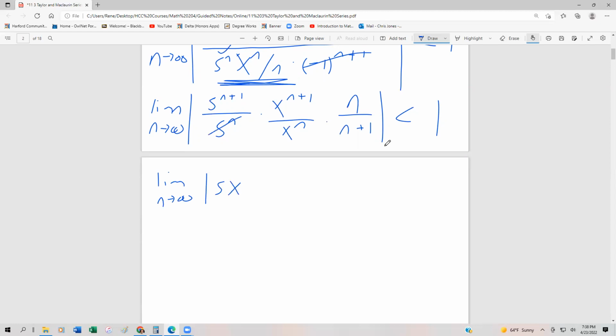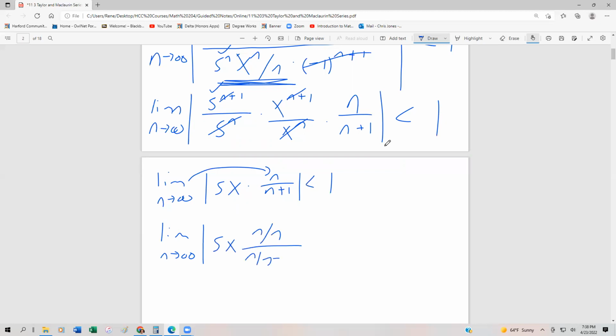Notice the 5 to the n and 5 to the n cancel out, leaving us with 5, and the x to the n and x to the n leave us with x, and then n over n plus 1, less than 1. Now we can go ahead and take the limit of this: the limit as n approaches infinity of 5x times n over n plus 1, over n, less than 1.